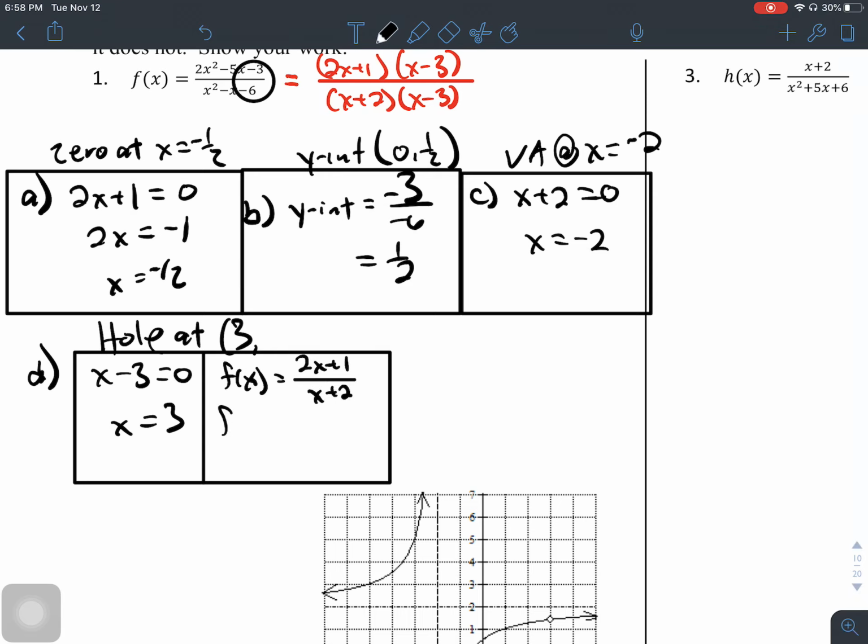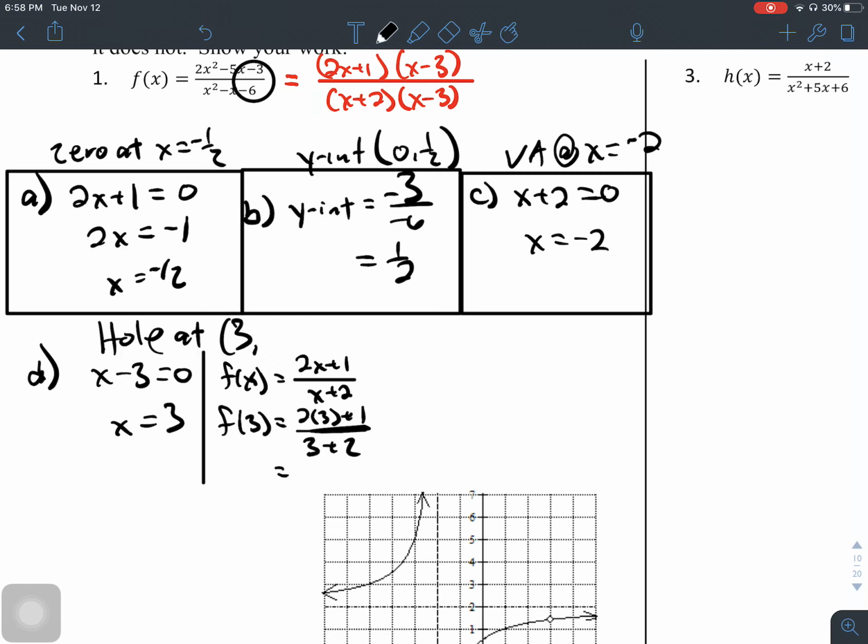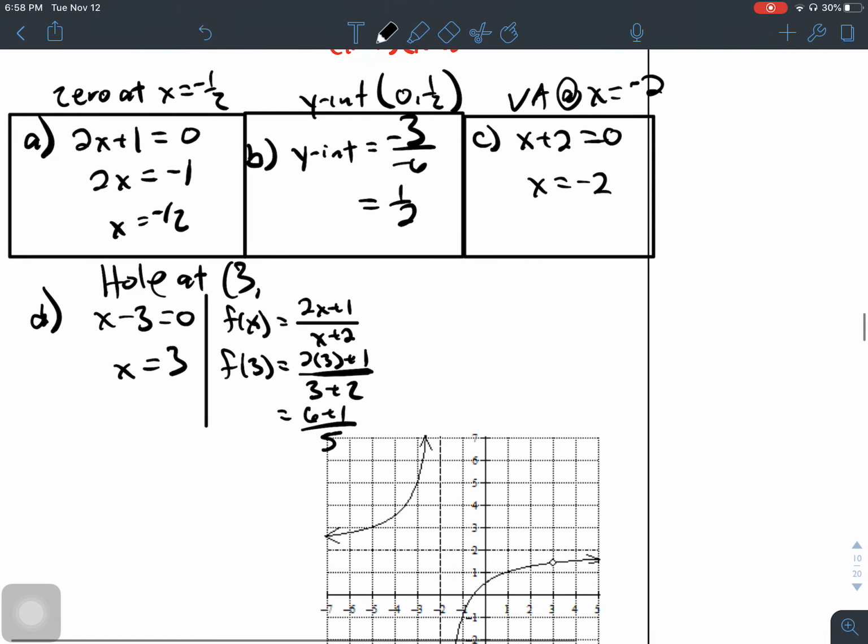If you plug a 3 into this, we're going to have 2 times 3 plus 1 over 3 plus 2. That's going to give us 6 plus 1 over 5. It's going to give us 7/5 is f of 3.